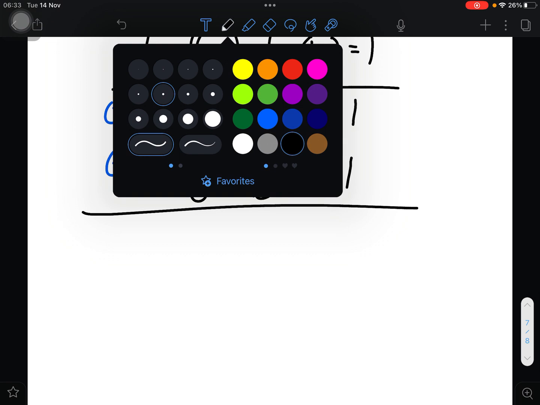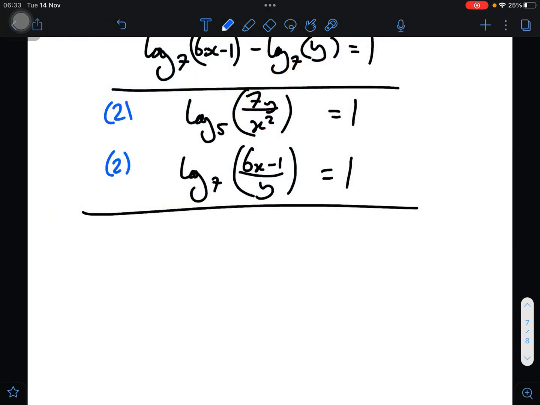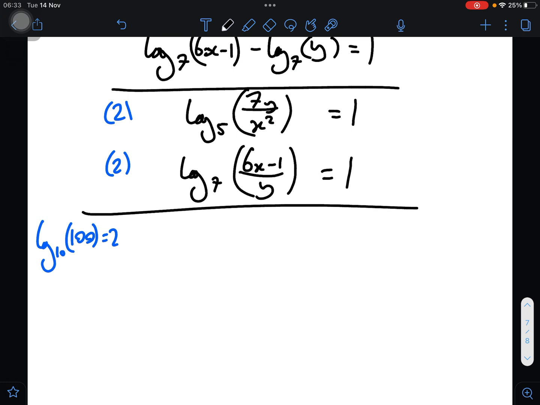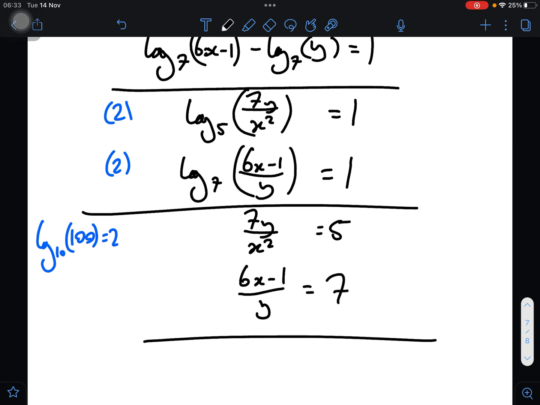And then using your log 10 of 100 equals 2, we know that 5 to the power of 1, which is just 5, would be equal to 7y over x squared, and 6x minus 1 over y is equal to 7.